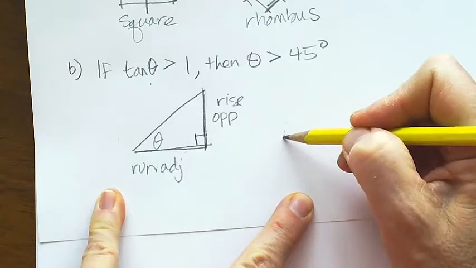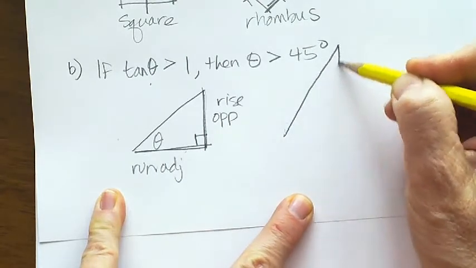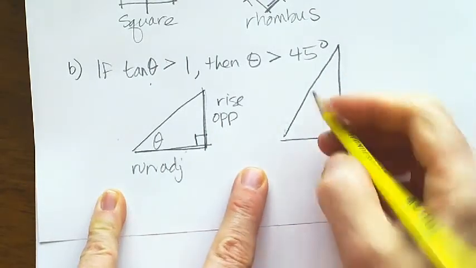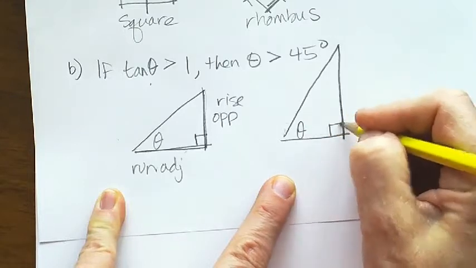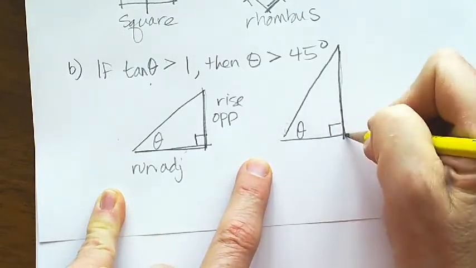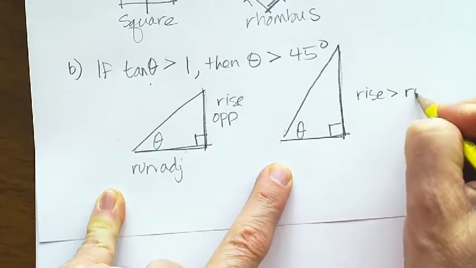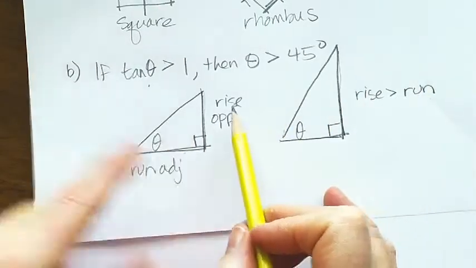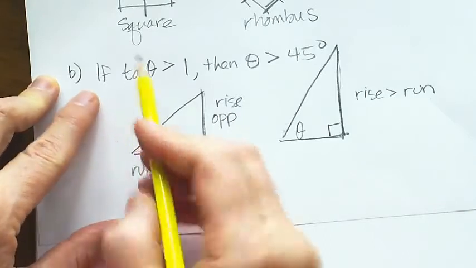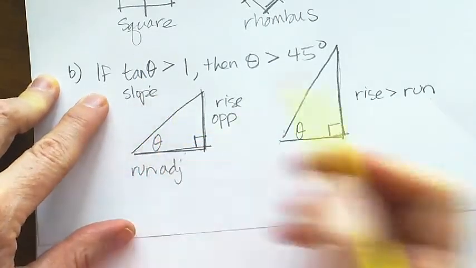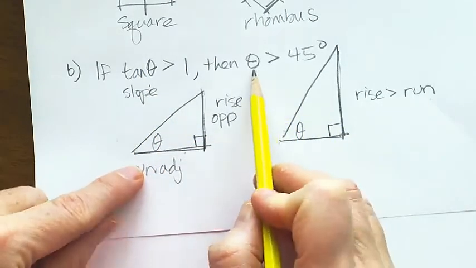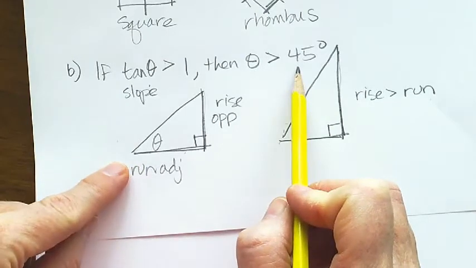So if this is bigger than 1, that means that the rise must be bigger than the run. So you're looking at something maybe like this, where the rise is greater than the run. So if the tangent or the slope is greater than 1, is the angle going to be bigger than 45 degrees?